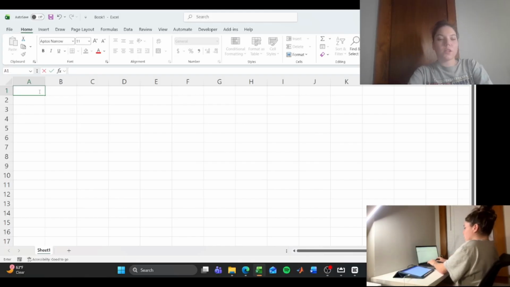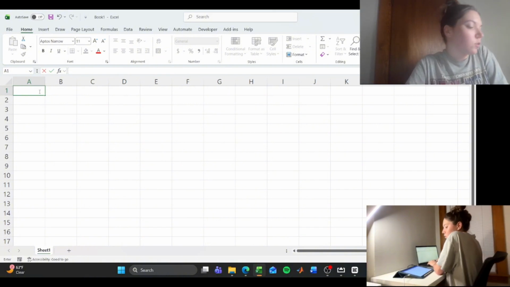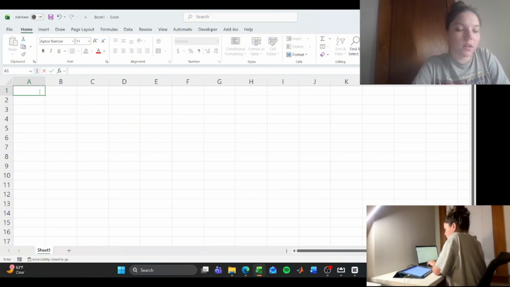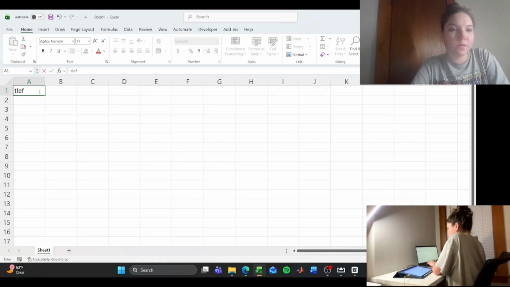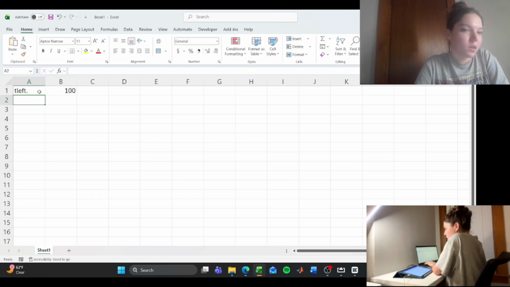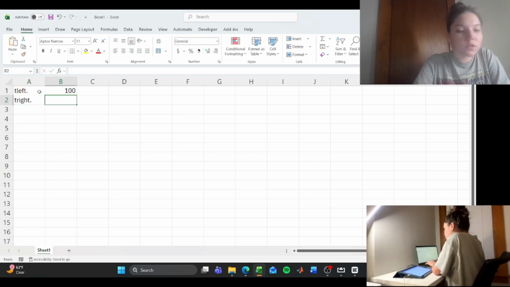Okay, so now we're here in Excel. So the values we had: T left, the temperature on the left, was 100 degrees Celsius. And then T right was 200 degrees Celsius.